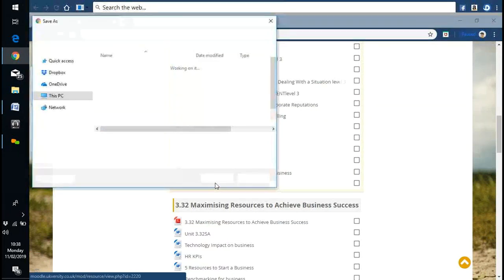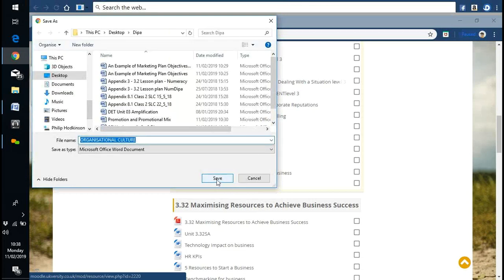I'm going to look at this one at the bottom because this is often mistaken.